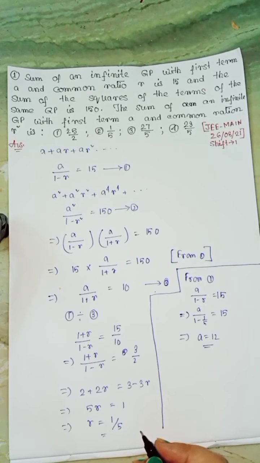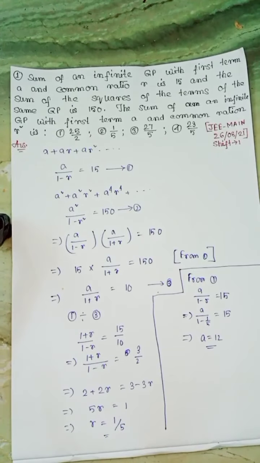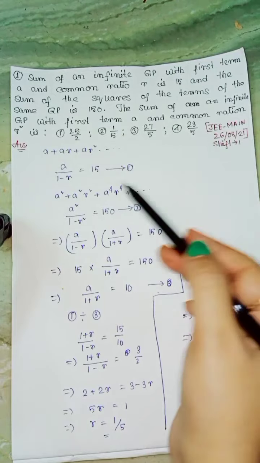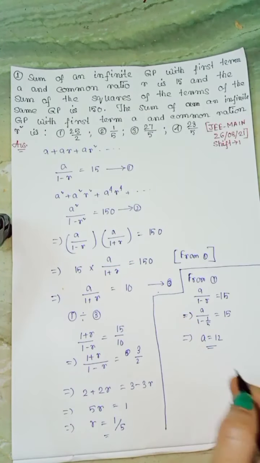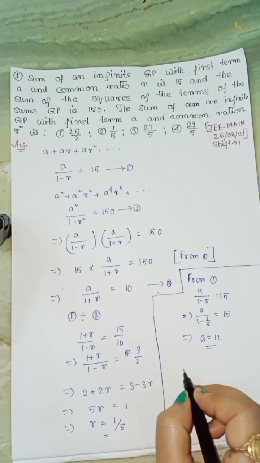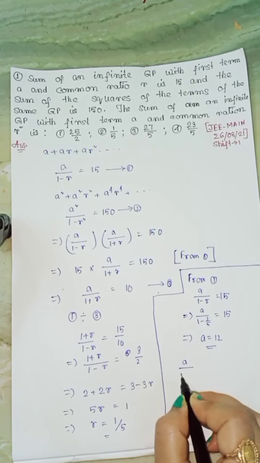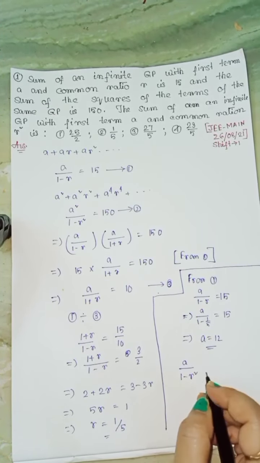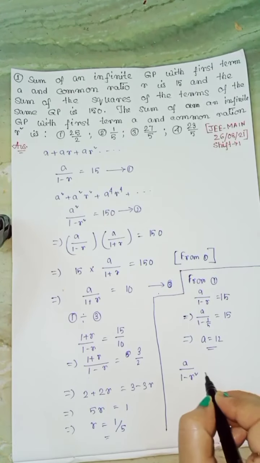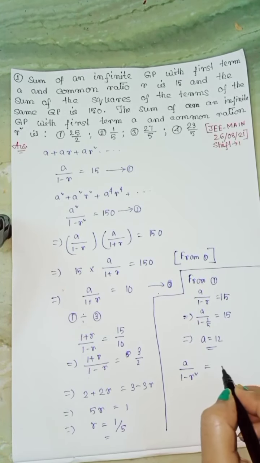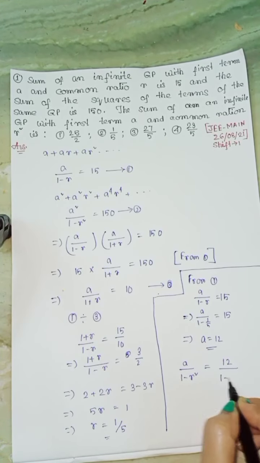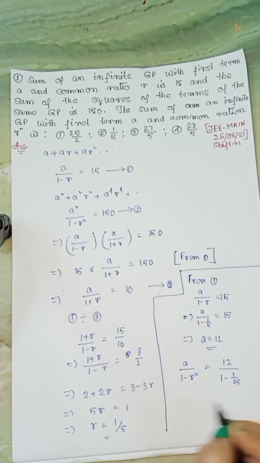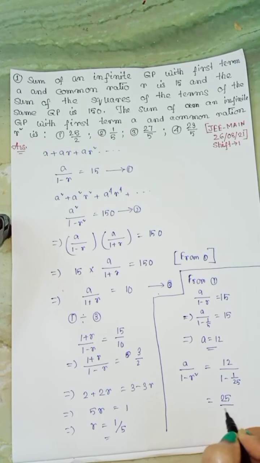Now we should calculate the sum of the GP with first term A and common ratio R square. So the sum of this GP is A by 1 minus R square, which is equal to 12 by 1 minus 1 by 25, that is equal to 25 by 2.